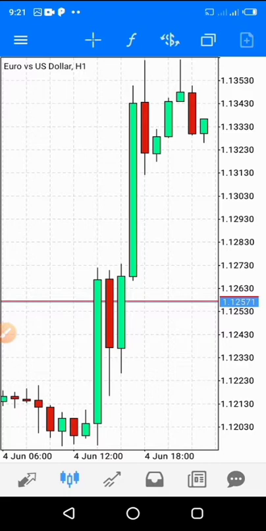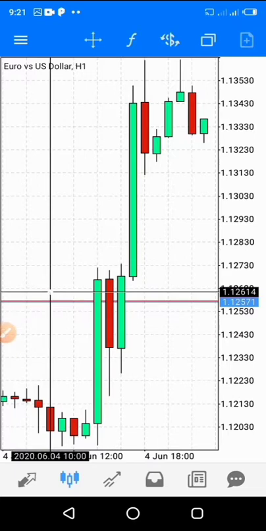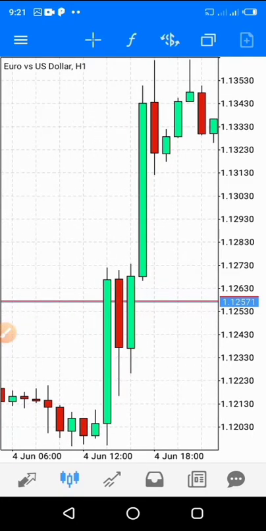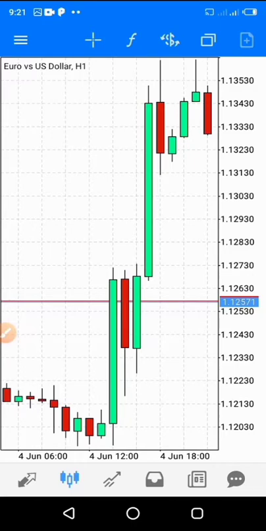So, the components of a candlestick. Let's look at this example. This is a chart, and I'm looking at euro versus US dollar on a 1 hour time frame. On the right hand side we have the prices, and at the bottom we have the date.